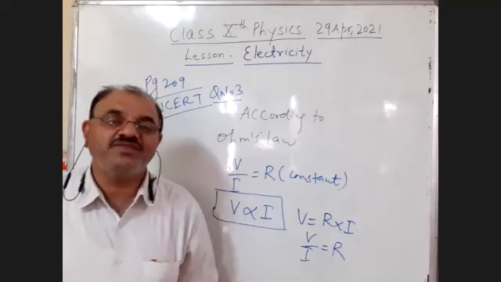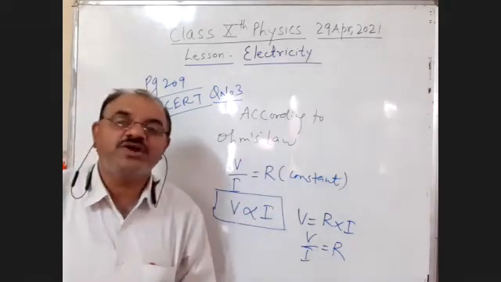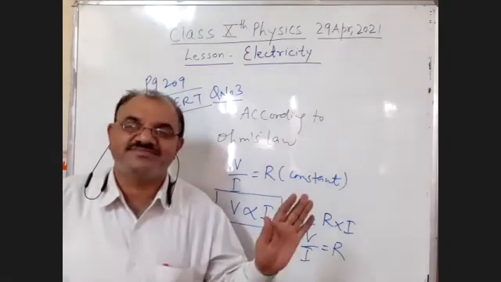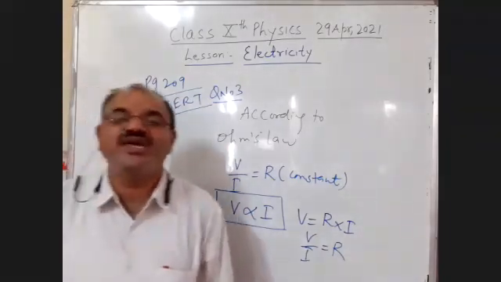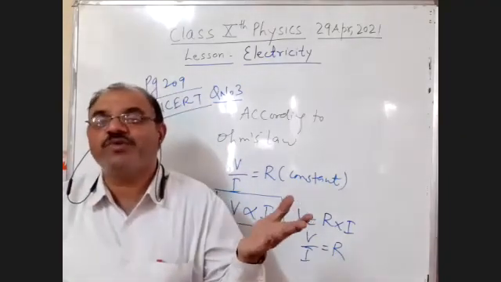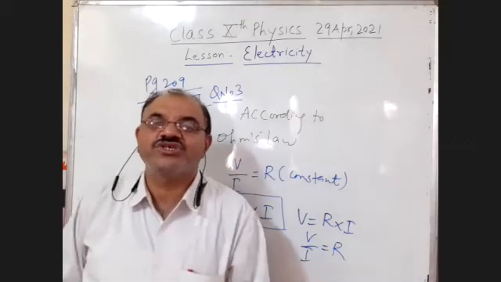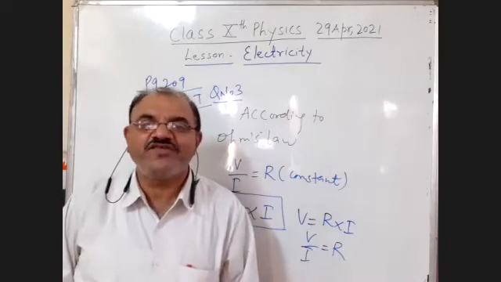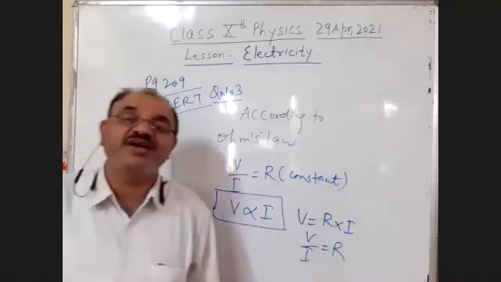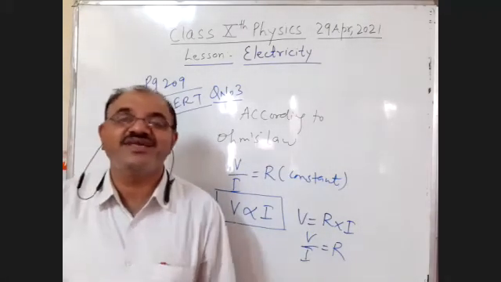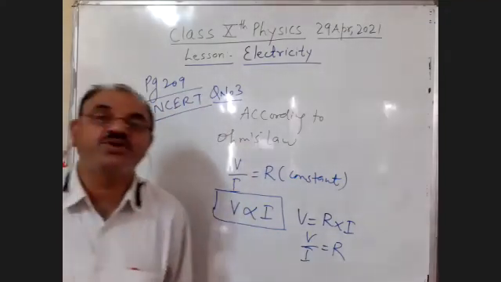So we can write down the answer by writing this formula, and further we can write that potential difference and current are directly proportional to each other. Once the value of the potential difference decreases to half, as per the statement of question number 3, simultaneously the value of the current will also decrease. This is the answer of your question number 3, NCERT, page number 209.